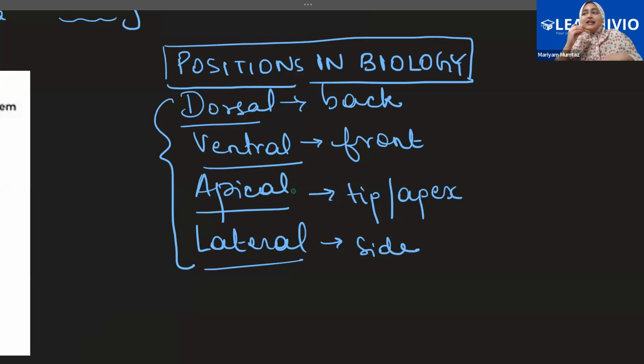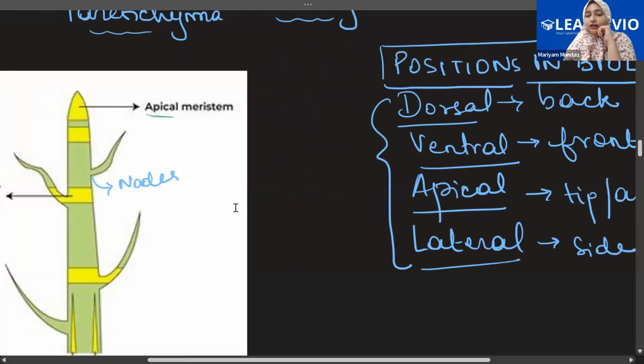For example, this is my hand. This is the dorsal position, which is the back side of my hand. And this is the ventral position, which is the front side of my hand. So dorsal is back, ventral is front. And then apical is the tip or the apex part, and lateral, the thing that I'm asking you people, is the side position. And you people drew the diagram also.